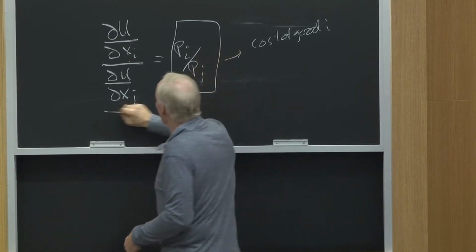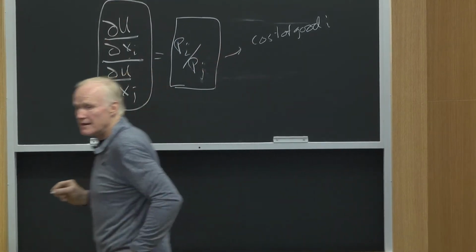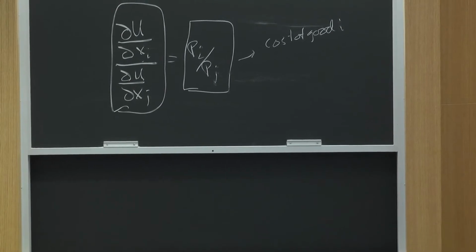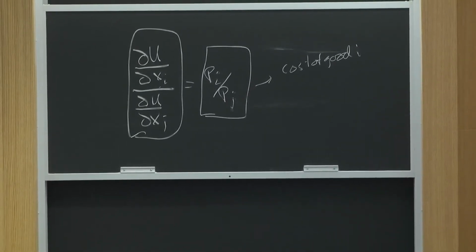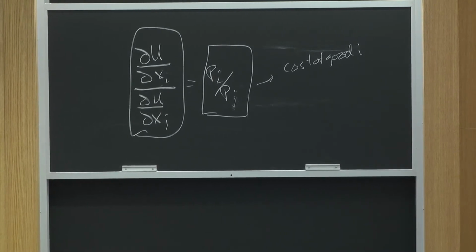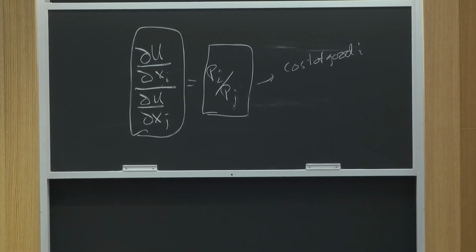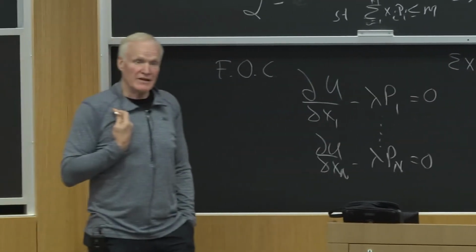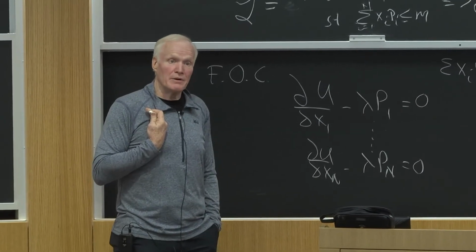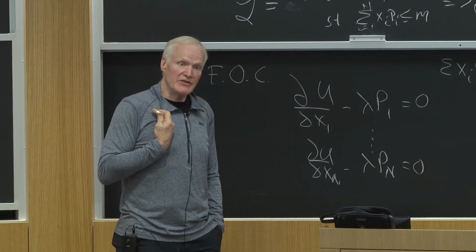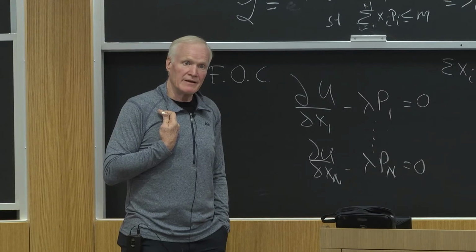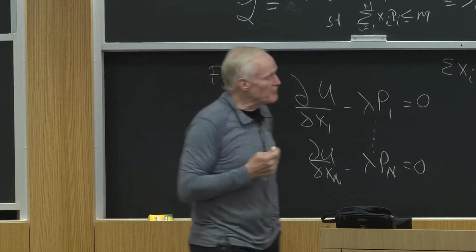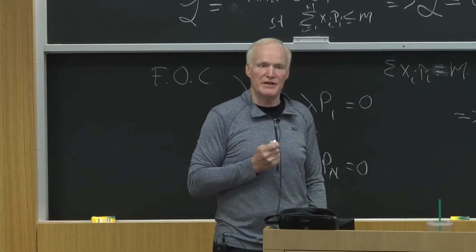Okay. What is this? What does that ratio measure? Yeah, that's a good term. I usually use the term value. It's how much I value good I in terms of good J. It's the amount I'm willing to give up of good J to get a unit of good I. Why does that measure the amount of good J I'd be willing to give up to get a unit of good I?